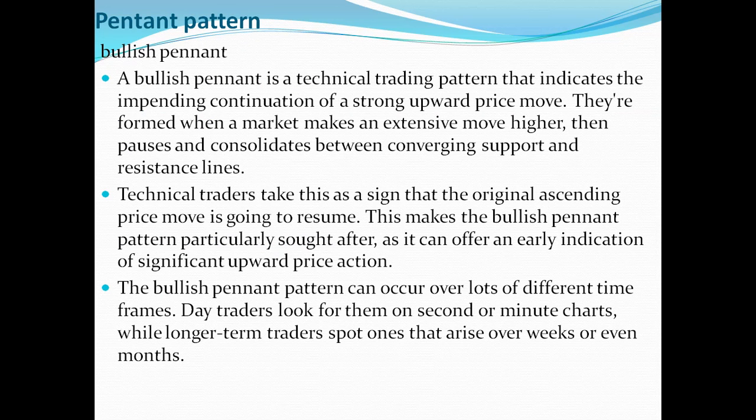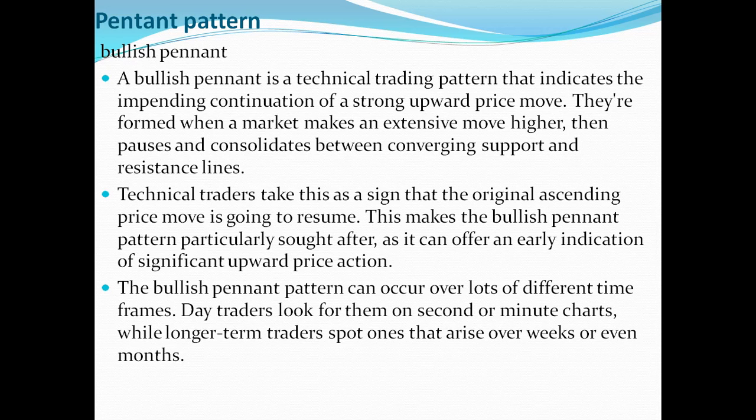Let's go. So first is the bullish pennant. A bullish pennant is a technical trading pattern that indicates the continuation of a strong upward price move. They are formed when the market makes an extensive move higher, then pauses and consolidates between converging support and resistance lines, which we will see in the chart.